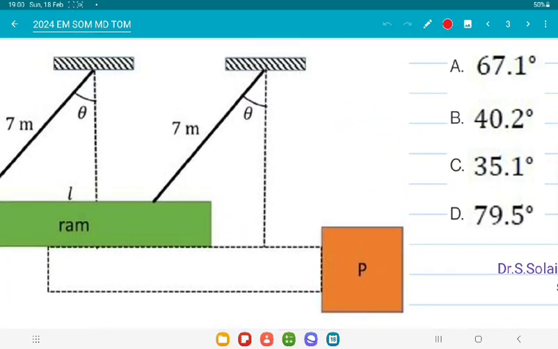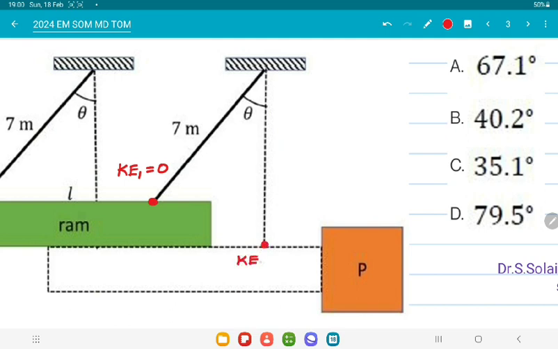Okay. So let us assume here initial velocity 0. So initial kinetic energy KE1 equal to 0. Okay, right. What is the kinetic energy at this point?